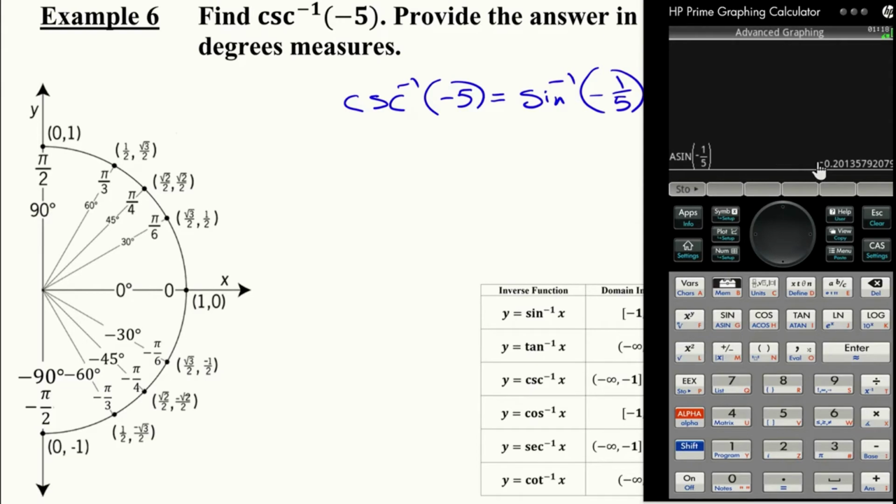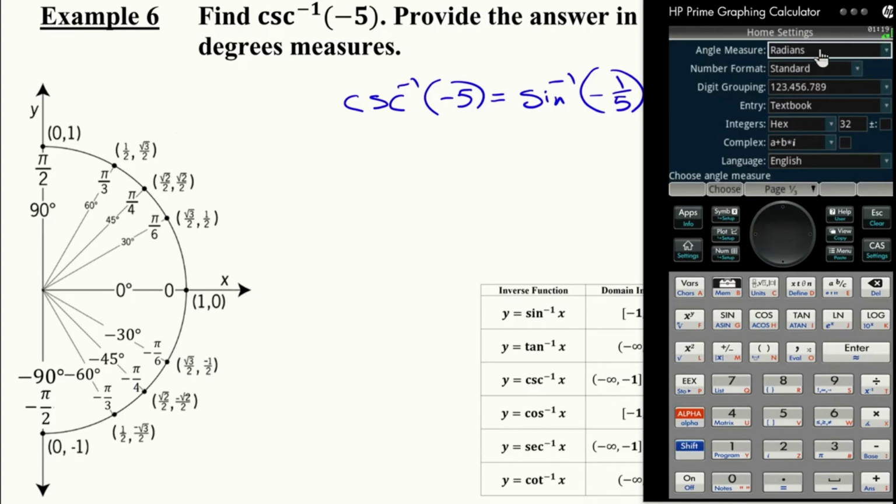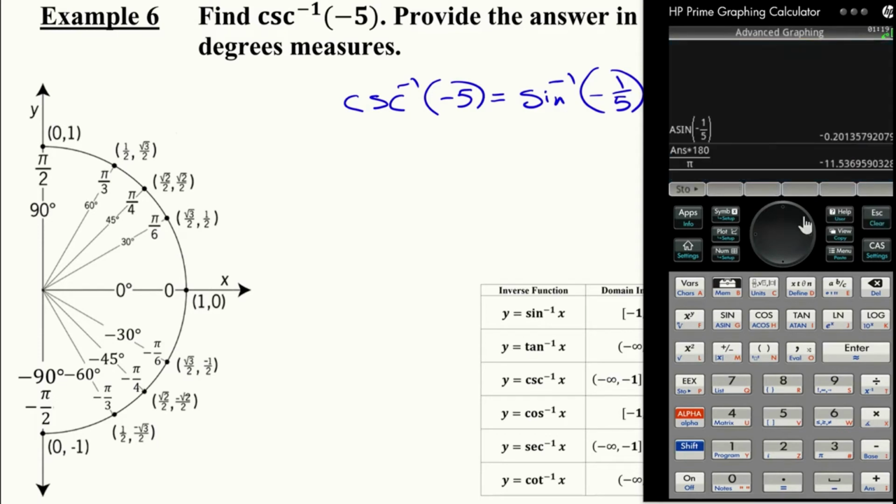Now we could either sit there and convert that to degrees by, of course, multiplying by 180 over pi to get that answer. Or what we could have done is gone back into our settings and changed it to degree mode and then brought that back in and computed it again. And of course, it'll give us exactly the same number.